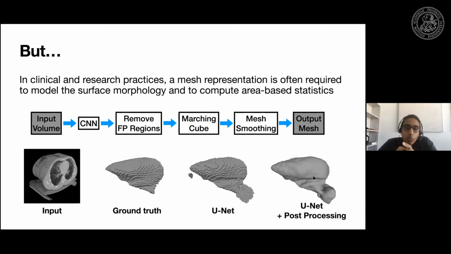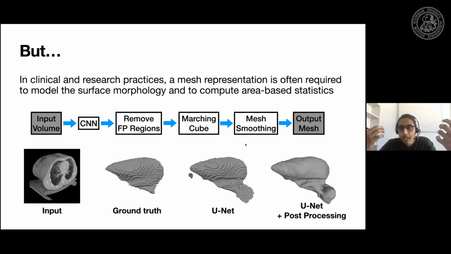So with Voxel2Mesh, what we propose is, is there a way that we can go from input volume to output mesh and get rid of all this post-processing stuff and have an end-to-end trainable architecture? So that was the motivation. Is there a way that we can do this?